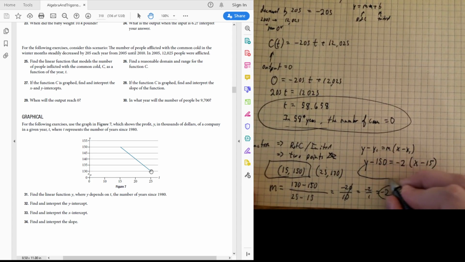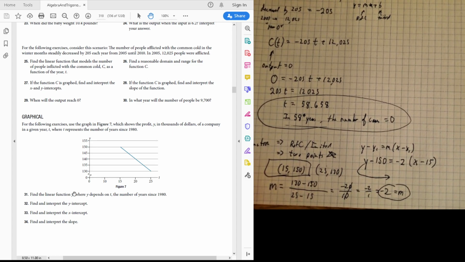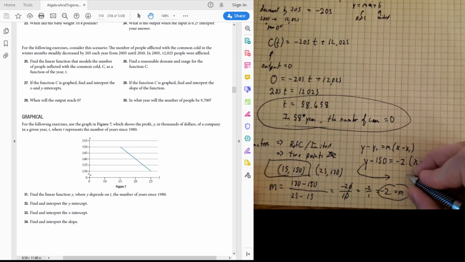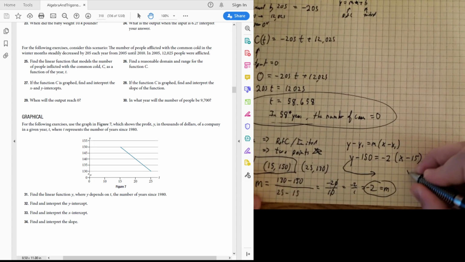So I'm going to take this equation and rewrite it as a function with just y by itself. This is necessary because it says find a linear function y. Notice y is just listed by itself. It doesn't say y minus 150, it just says y. Find the function y. So I'm going to do that. I'm going to first start by using the distributive property.